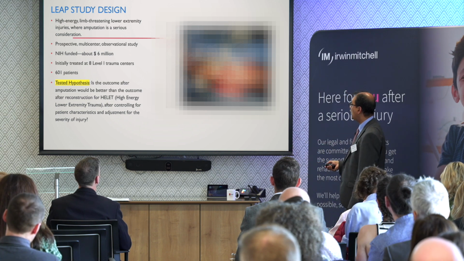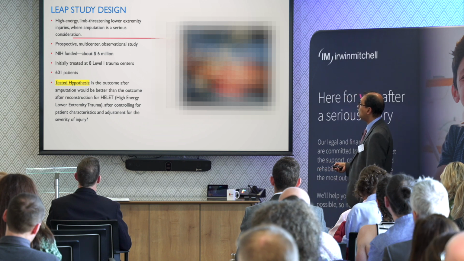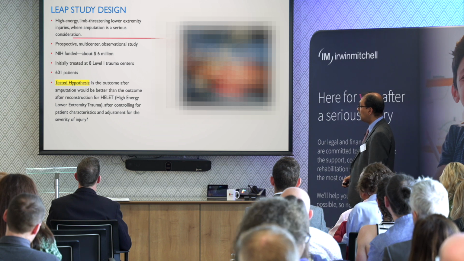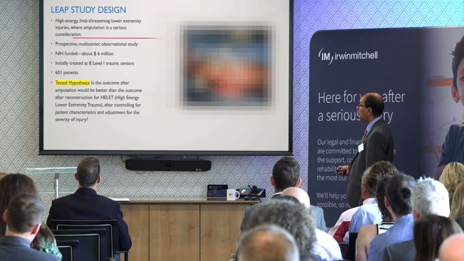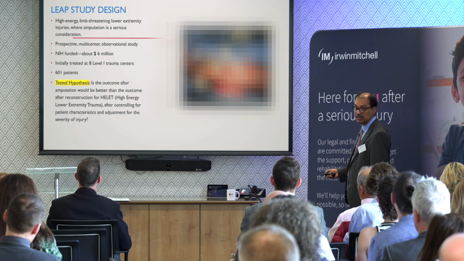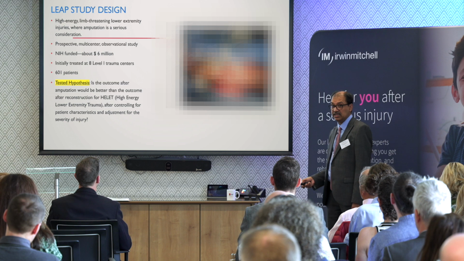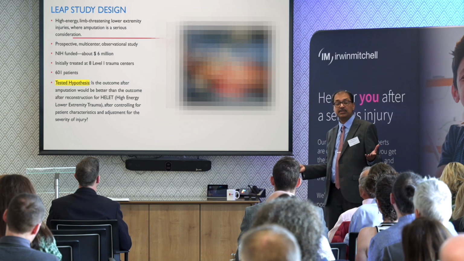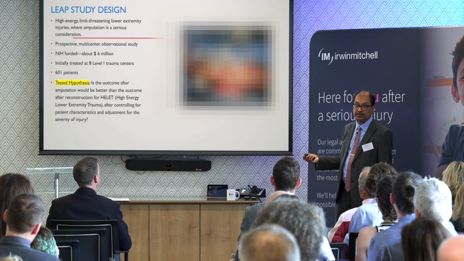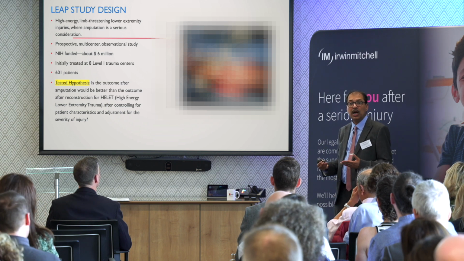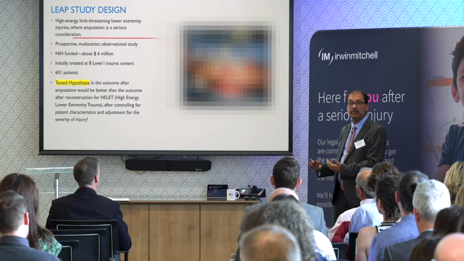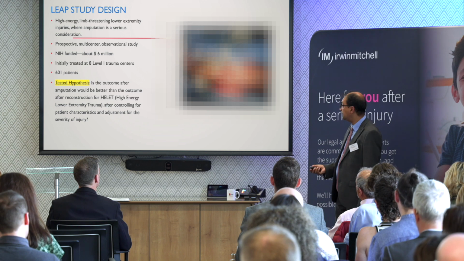Is the outcome after amputation better than the outcome after reconstruction for high-energy lower extremity trauma, after controlling for patient characteristics and adjustment for the severity of the injury? This is very, very important. Patient characteristics: sometimes we do see very difficult patients in the hospital who are not compliant with advice and everything, so their outcome can be worse than expected.